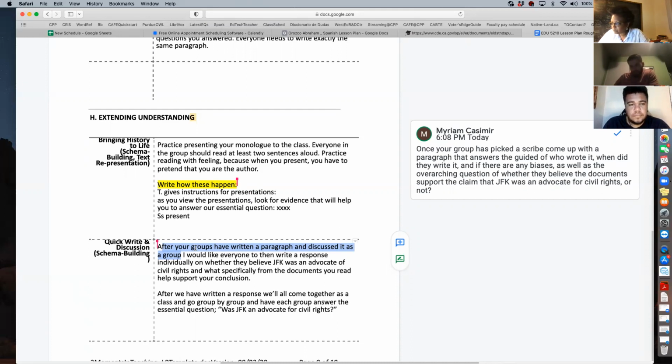Would you write a statement about whether you believe JFK, you know? So not just them today, but imagine that you're living in that time and maybe you're the reporter now.